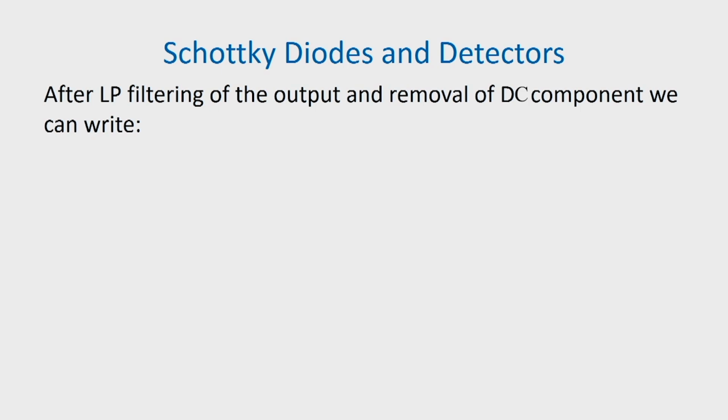So, after low pass filtering of the output and removal of the DC component, we can write I naught t is equal to V naught square GD dash by 2 m cos omega mt.